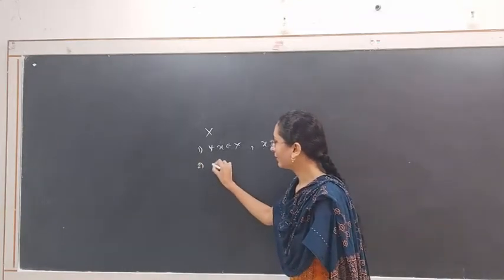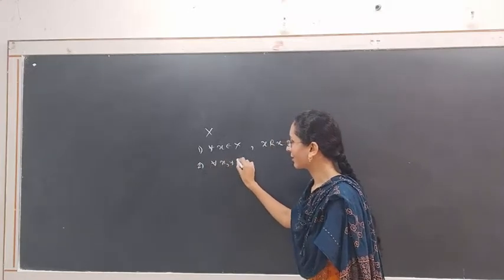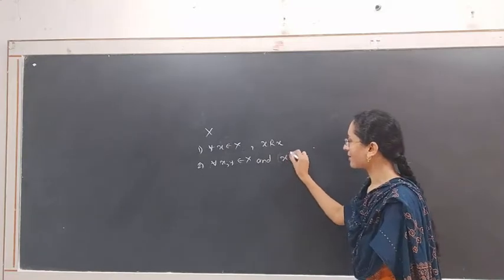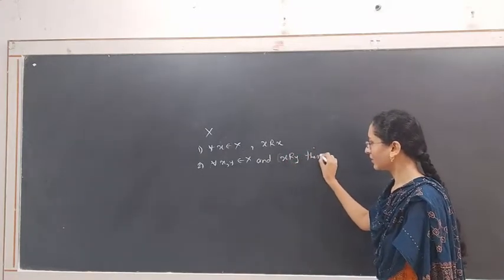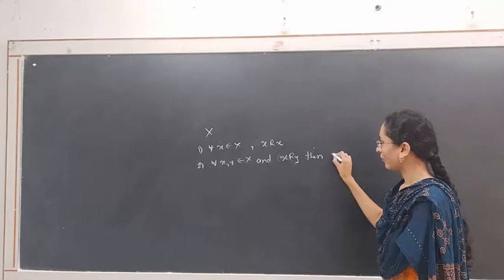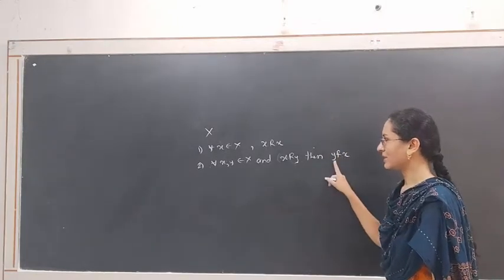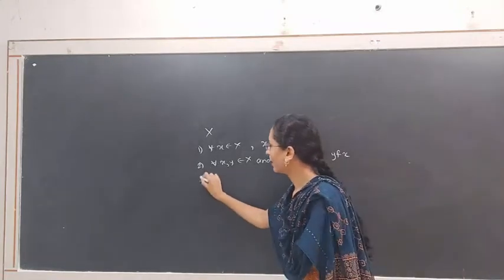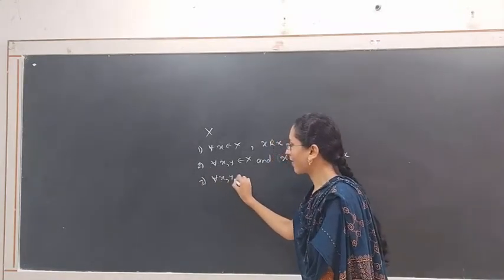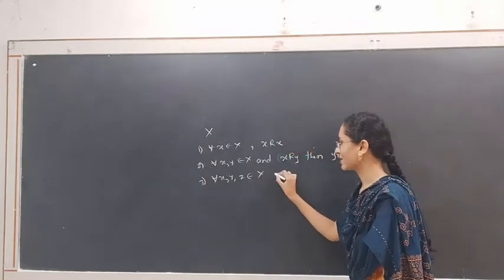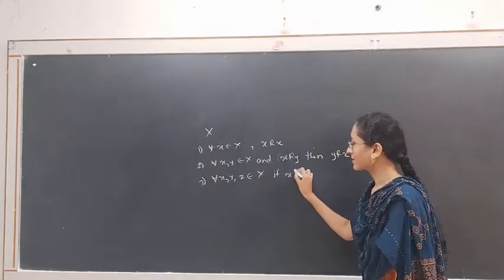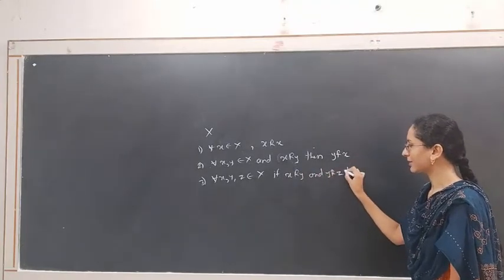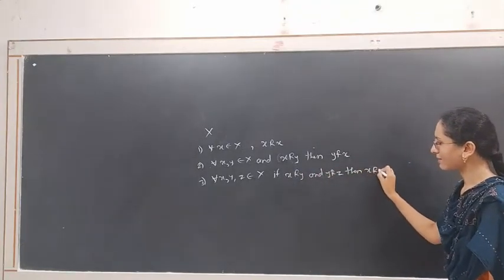Second, if for all x, y belongs to X and x R y, then y R x. This implies the relation R is a symmetric relation. Third, for all x, y, z belongs to set X, if x R y and y R z, then x R z.